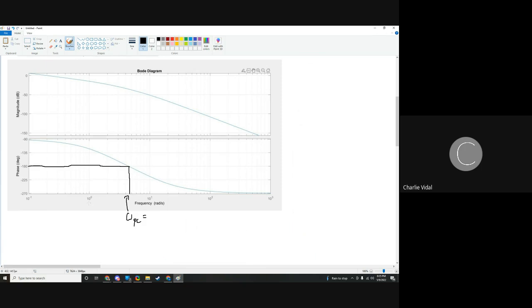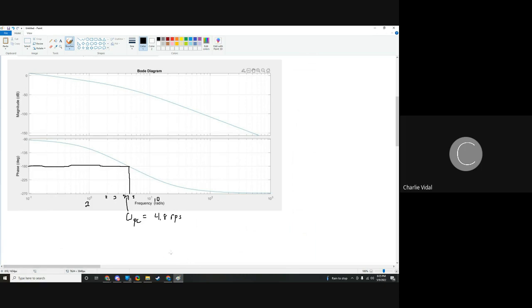So this is actually going to be a value of 1, and this one's going to be a value of 10. So we're going to count. This is 1, 2, 3, 4, 5. So we know it's in between 4 and 5. It seems to be closer to 5, so we'll say it's somewhere around 4.8, 4.7, something like that, radians per second.